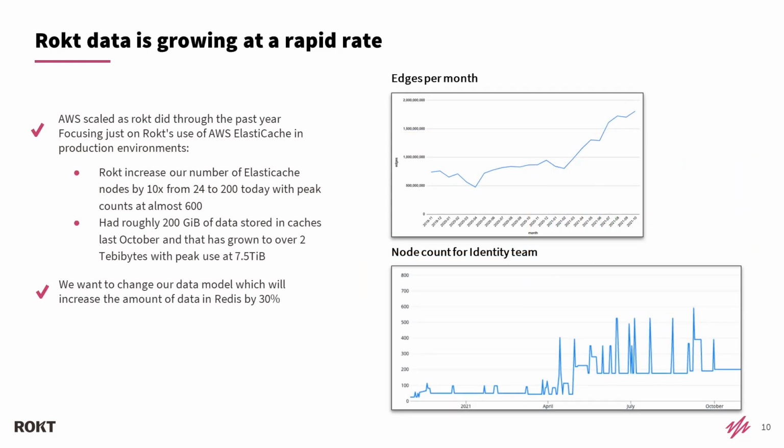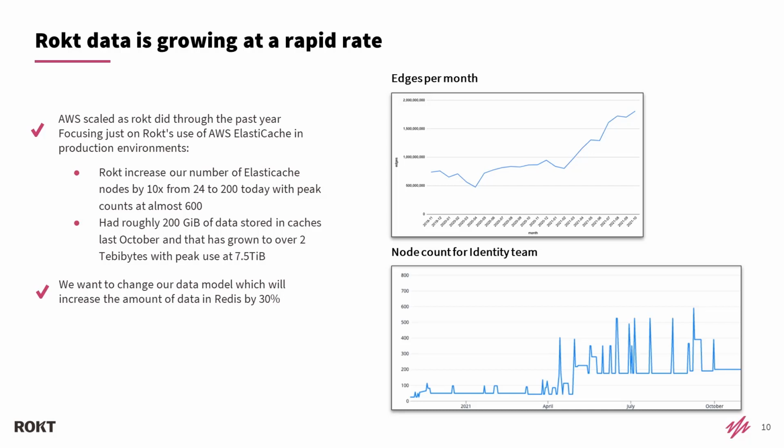So Rokt's data is growing at a rapid rate. On our team, we're seeing significant growth in the amount of edges that we accumulate each month, from less than 1 billion last year to almost 2 billion this year.